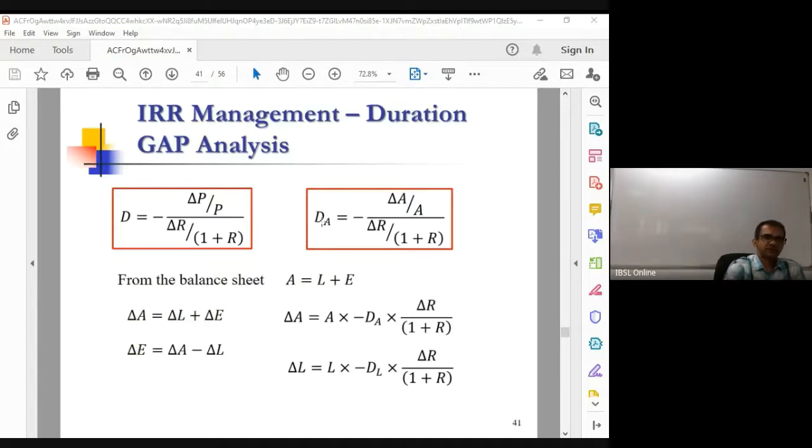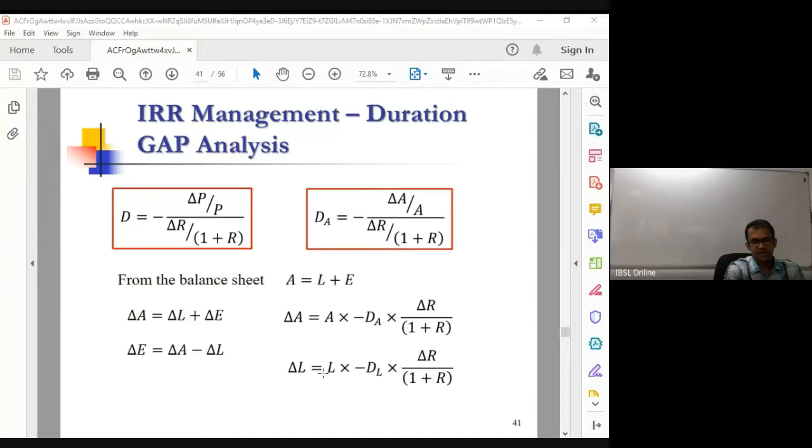And if we go to the duration equation, change in asset value is equal to the asset value times duration of assets times the change in interest rates. Similarly, for liabilities also we can derive an equation.